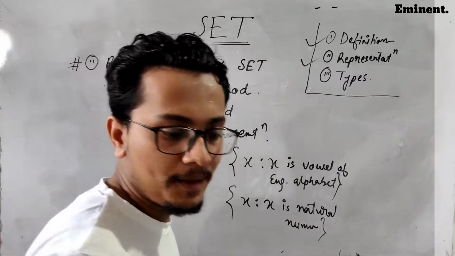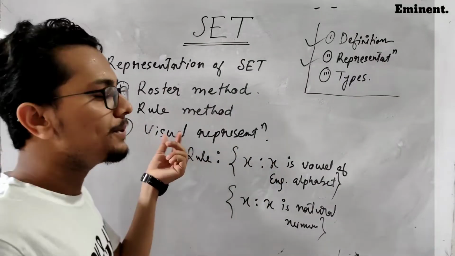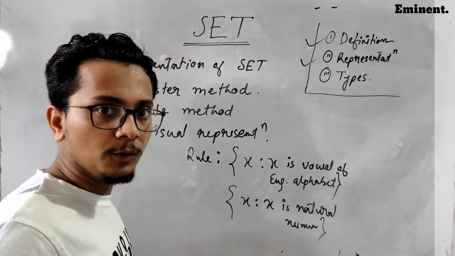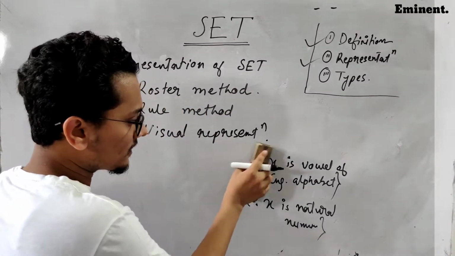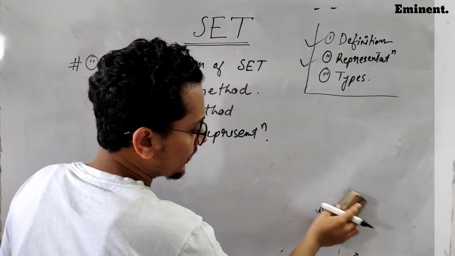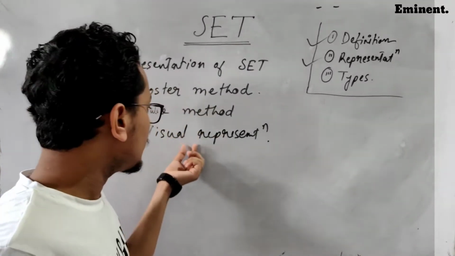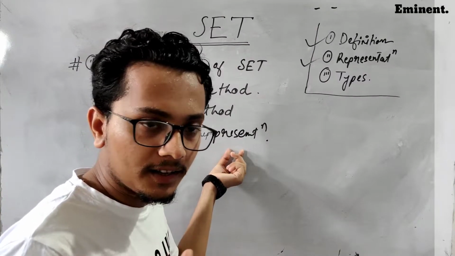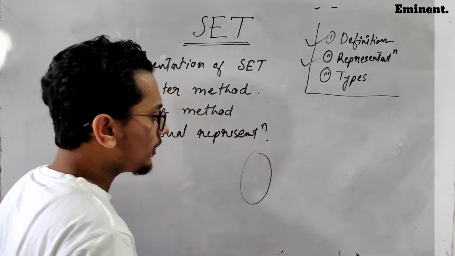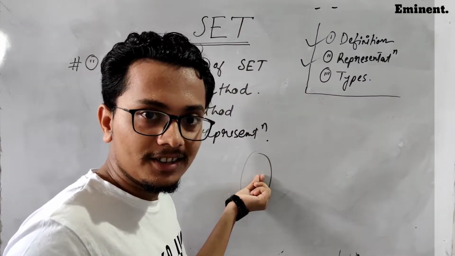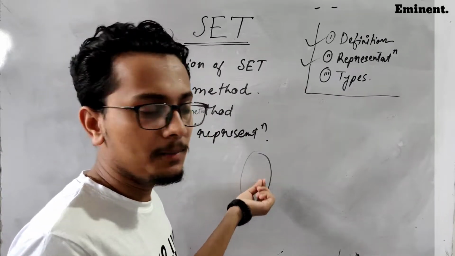Okay. Now let me explain the third one, visual representation. How can you represent a set visually? If you want to represent a set visually, then just within a circle or a loop, write the elements.